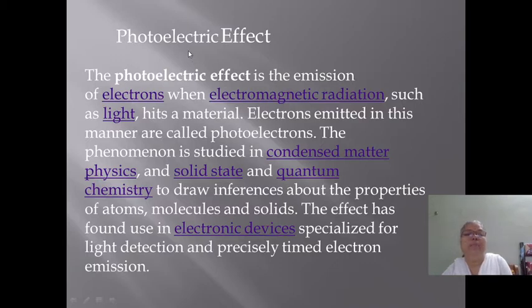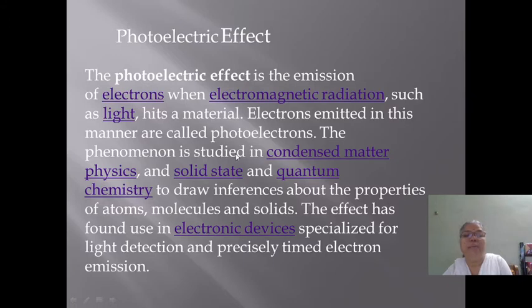Again, I will repeat, the photoelectric effect is the emission of electrons when electromagnetic radiation such as light hits a material, that means any metal. Electrons emitted in this manner are called photoelectrons.